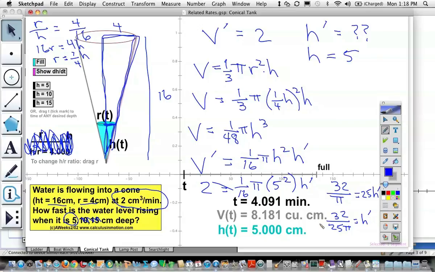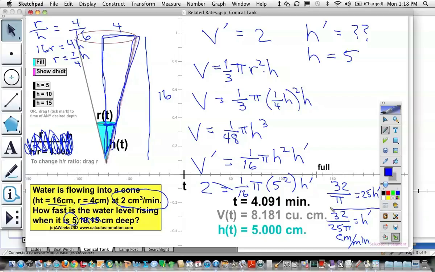That'd be positive. Would we expect this to be positive? h is increasing as the tank fills up. h is increasing, so we'd expect h prime to be positive. And this would be centimeters per minute, I believe, right? h should be centimeters because it's a height.